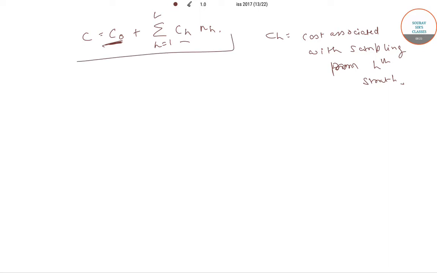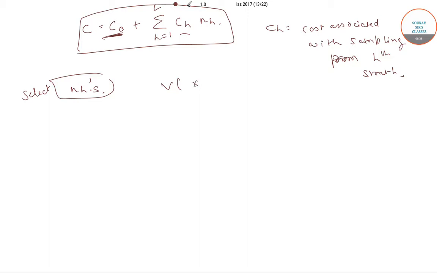Now we have this cost function, and we have to select nh such that the variance of x bar st is minimum for the given total cost. So for the given cost function, we have to find the nh such that the variance of x bar st is minimum.